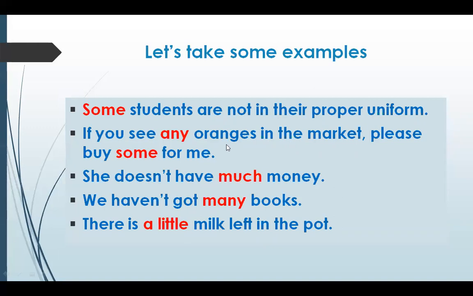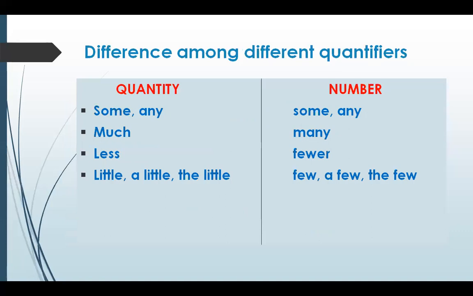So how do we actually categorize it? So quantifiers को हम दो हिस्सों में लेते हैं, एक which refers to quantity and others which refer to number. So we actually distinguish these words in this manner.